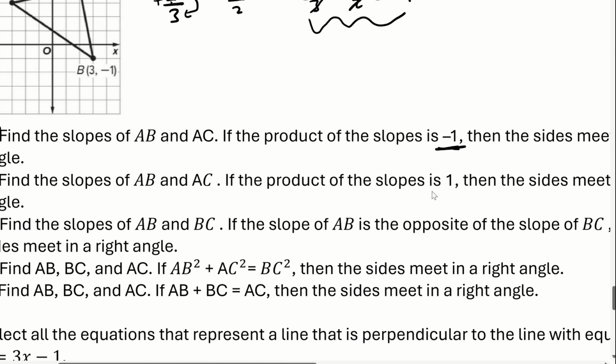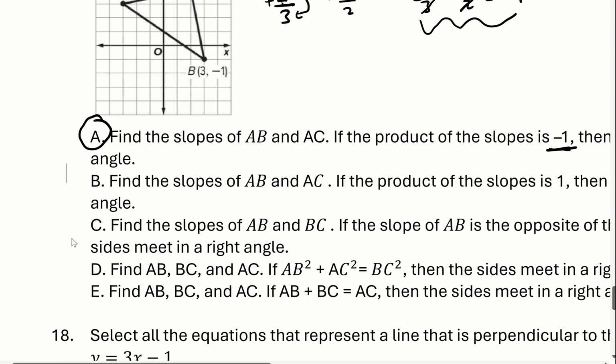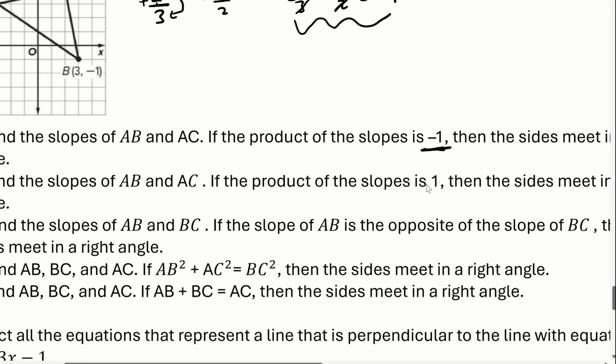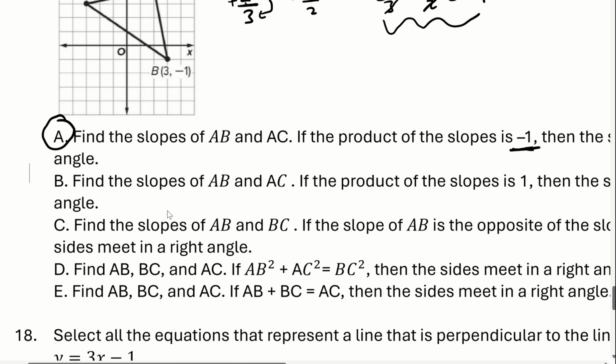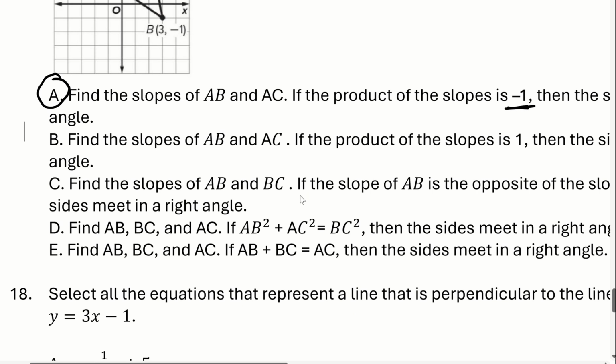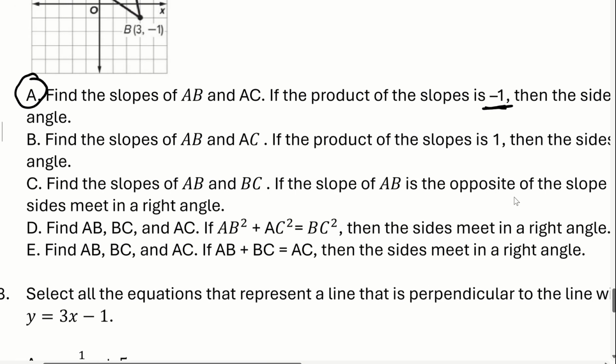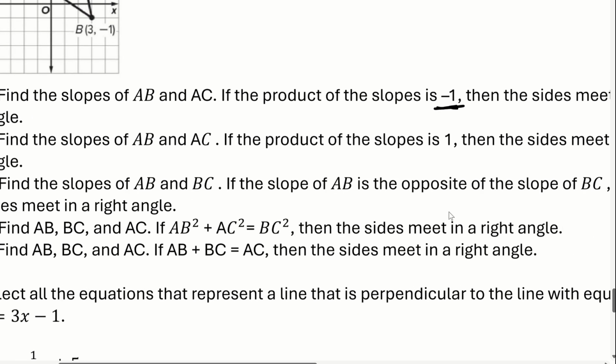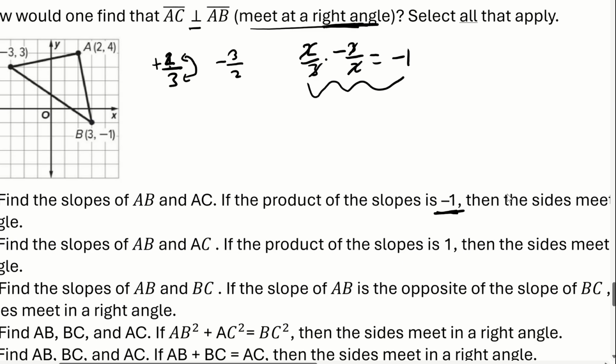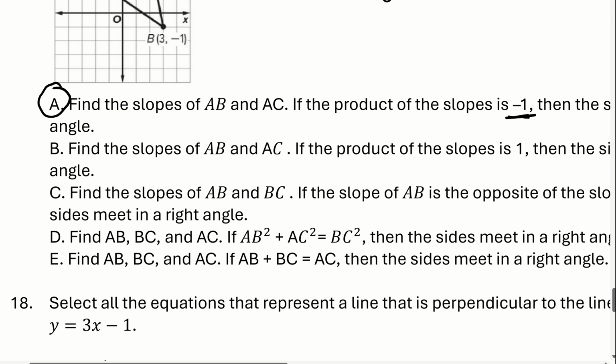If the product of the slopes is 1, then the sides meet in a right angle. No, it's not 1, it has to be -1. Find the slopes of AB and BC. If the slope of AB is the opposite of the slope of BC, then the sides meet in a right angle. No, it can't just be opposite. It has to be opposite and flipped. These are opposite in sign, but they also have to be flipped. So it's not B or C.